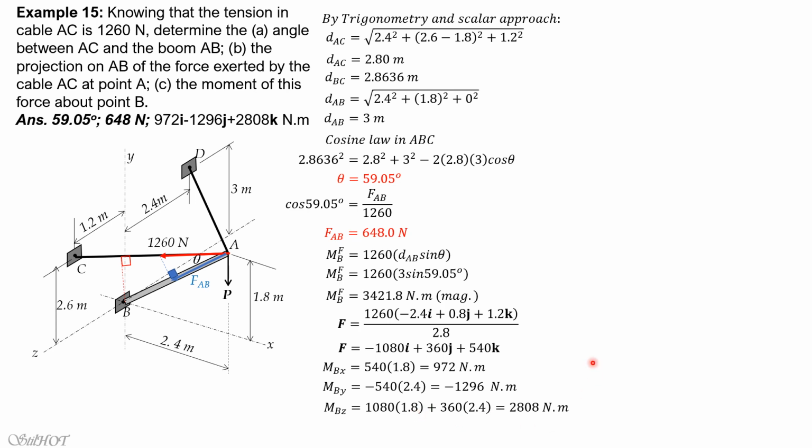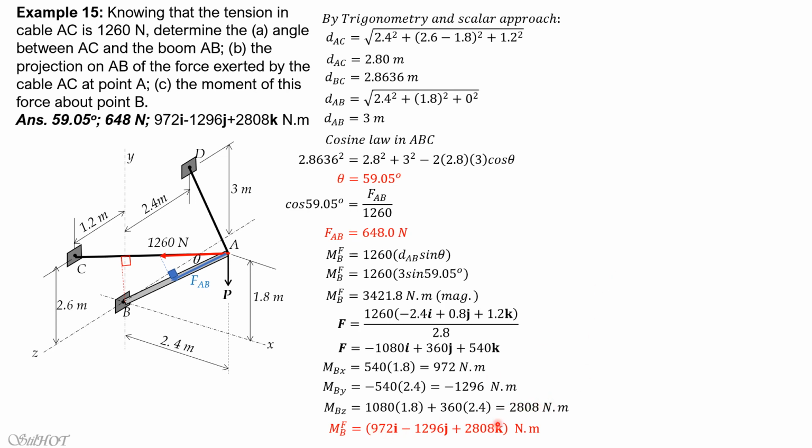In vector form, moment about B is equal to 972i minus 1296j plus positive 2808k Newton meter. So that's the moment about z. So moment about BC is 2800.